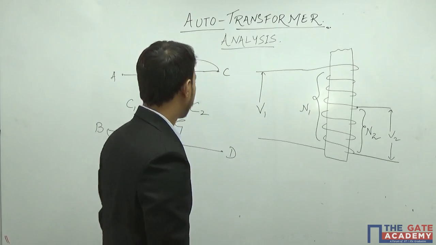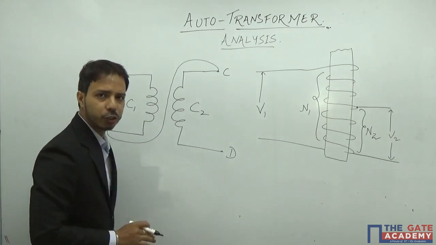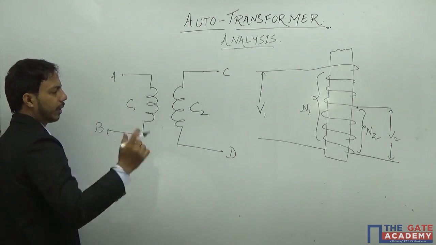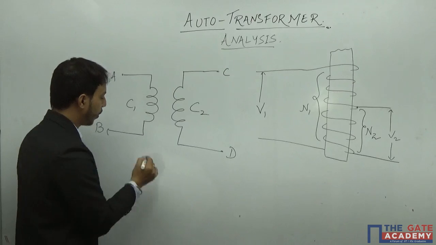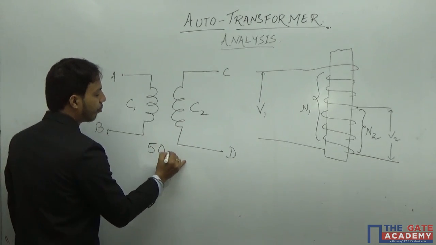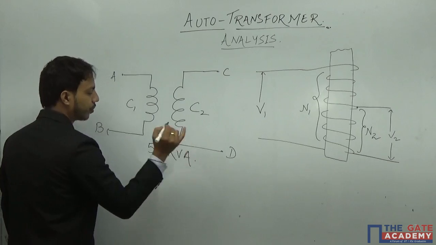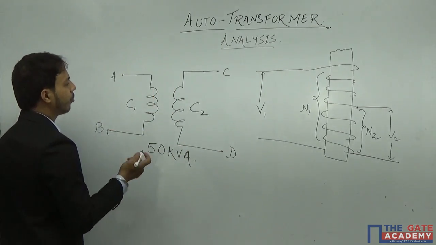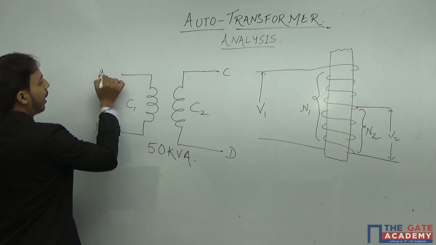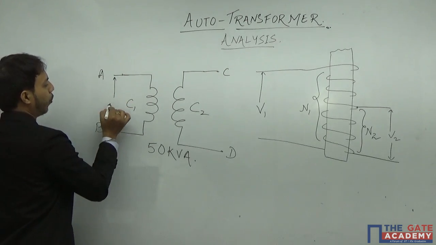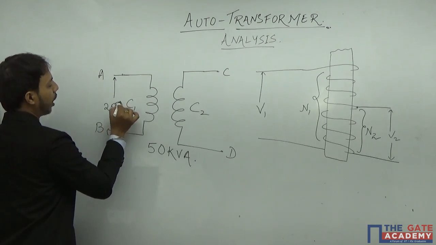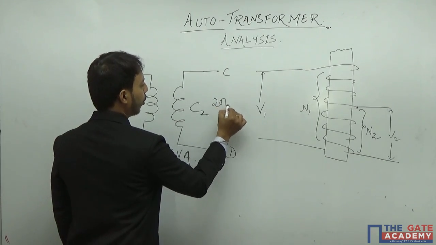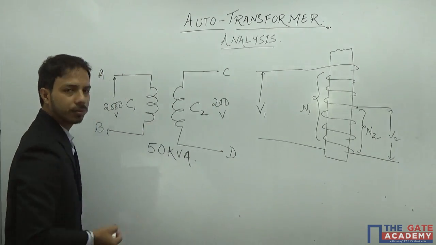The example is, suppose I have a two-winding transformer and it is something like this, and this two-winding transformer has a rating of 50 kVA. That means, let us say I have this side, the primary side, with 200 volts, and the secondary side has 2000 volts.